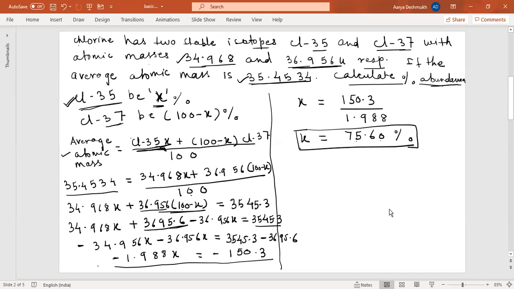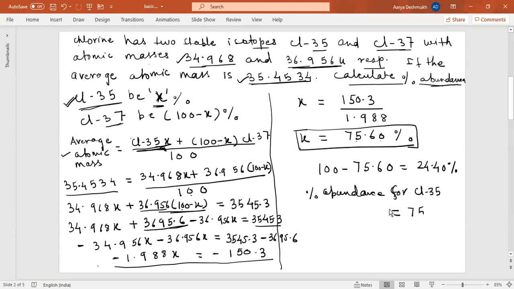Now the total should always be equal to 100. So 100 minus 75.60 equals 24.40%. So here the percentage abundance for Cl35 was found to be 75.60%, isn't it?